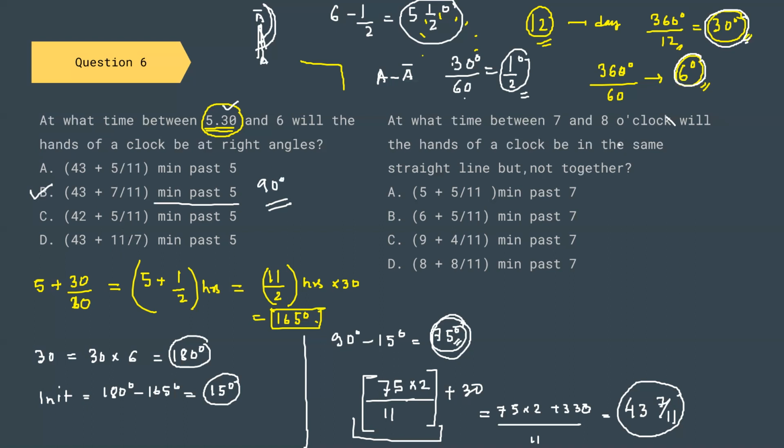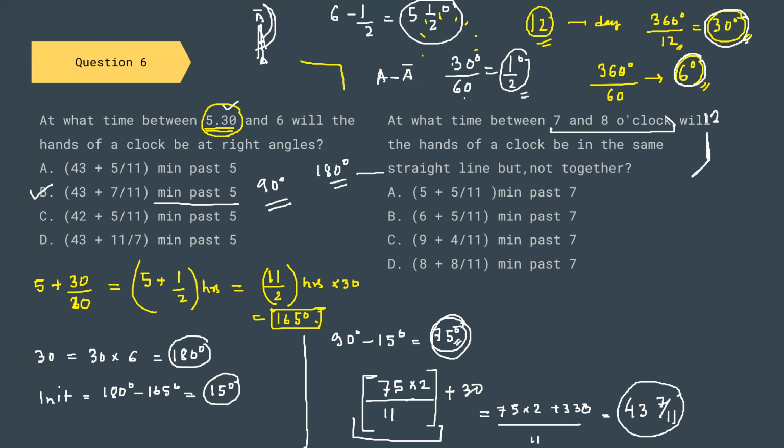Fine. So let us apply this knowledge from this question to this question. At what time between 7 and 8 o'clock will the hands of a clock be in the same straight line but not together? They are telling us at what time it will be 180 degrees. So what is the angle at exactly 7 o'clock?